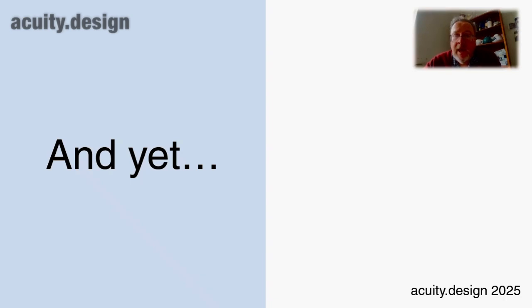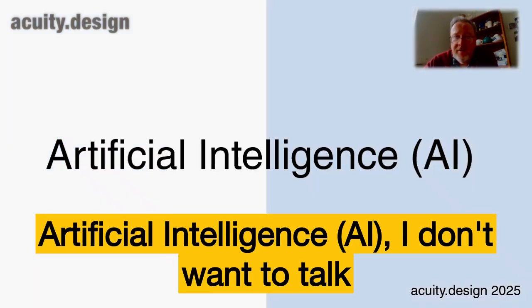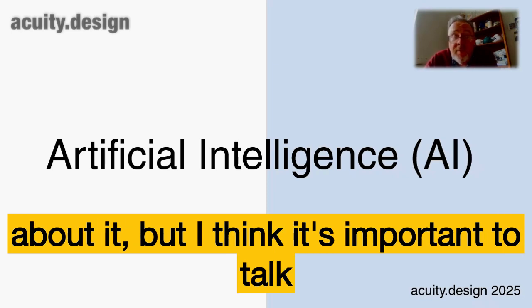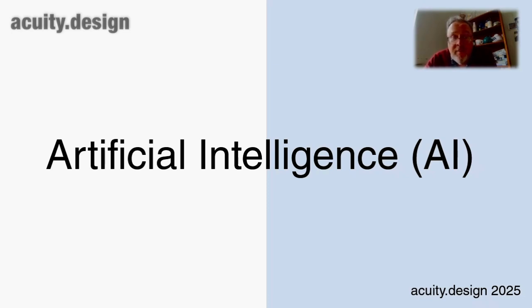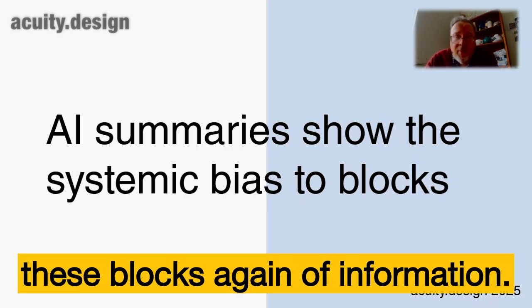And yet, artificial intelligence, I don't want to talk about it, but I think it's important to talk about it. So we have all of these AI summaries showing these blocks, again, of information.